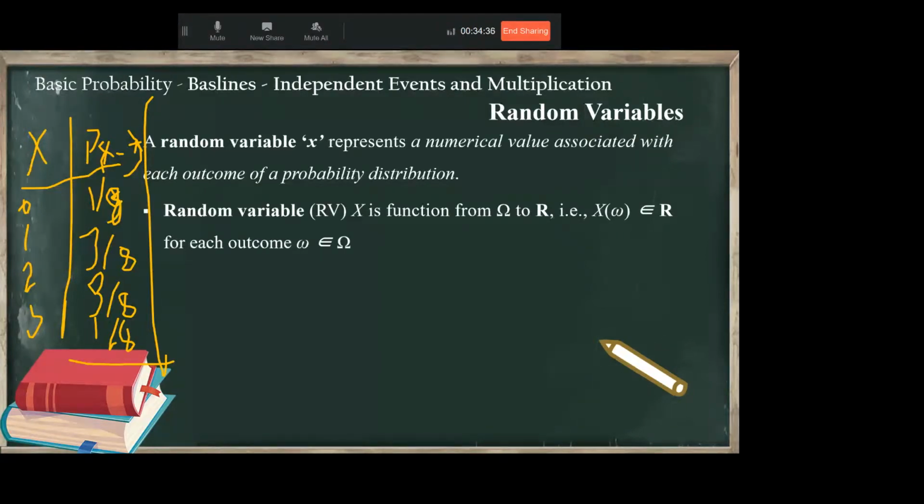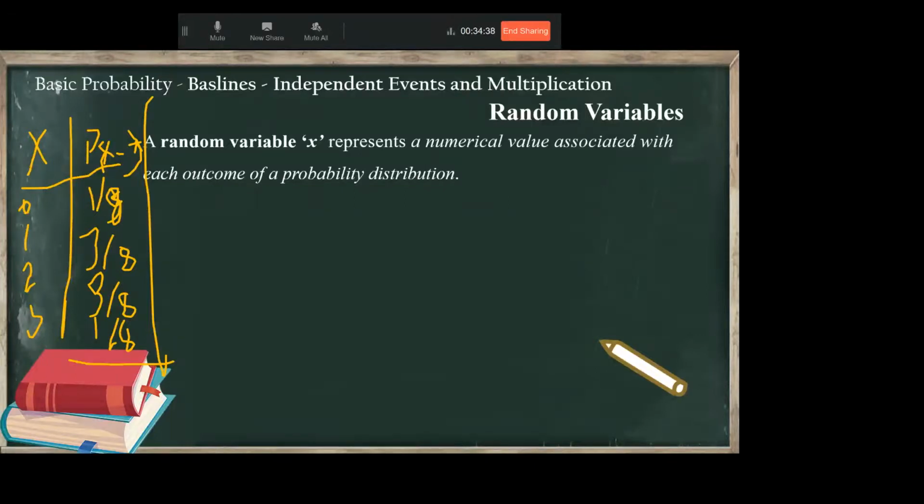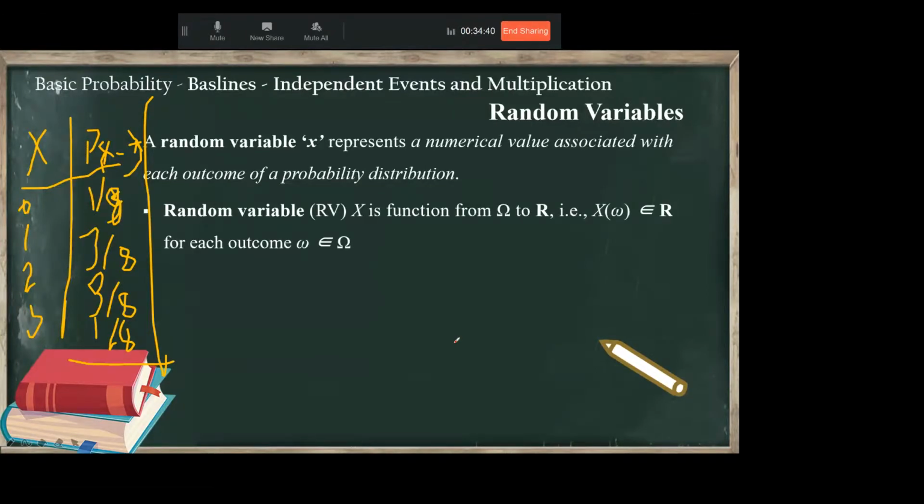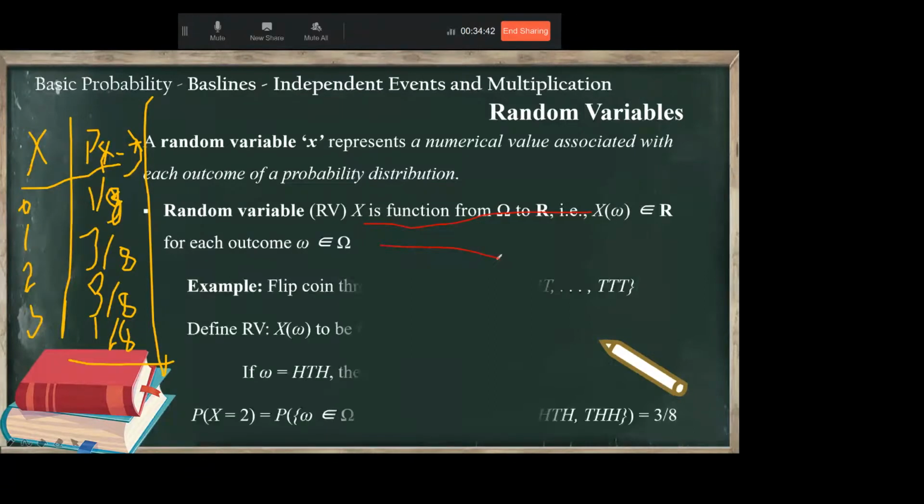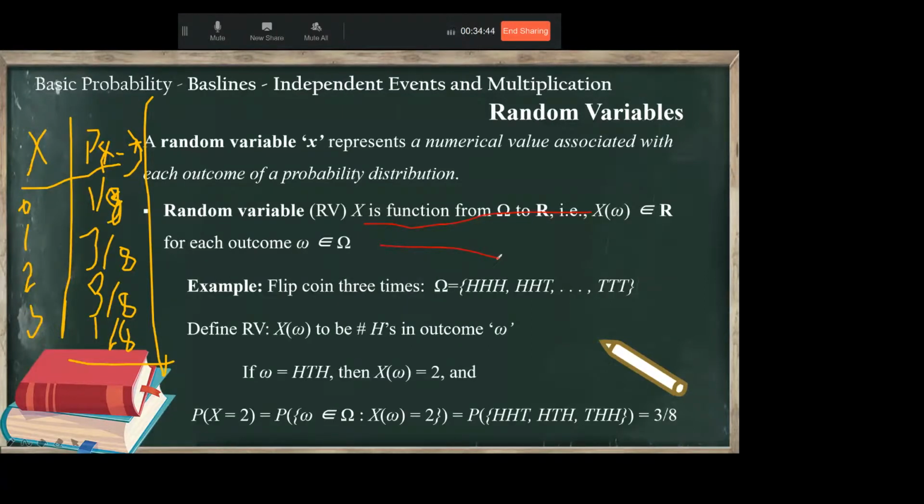Mathematically you can define it in this way. The example is the same. So the possibility of 0 heads, 1 head, 2 heads, or 3 heads, you can find out by drawing the sample space. Mathematically, define random variable X to be the number of heads in an outcome w.